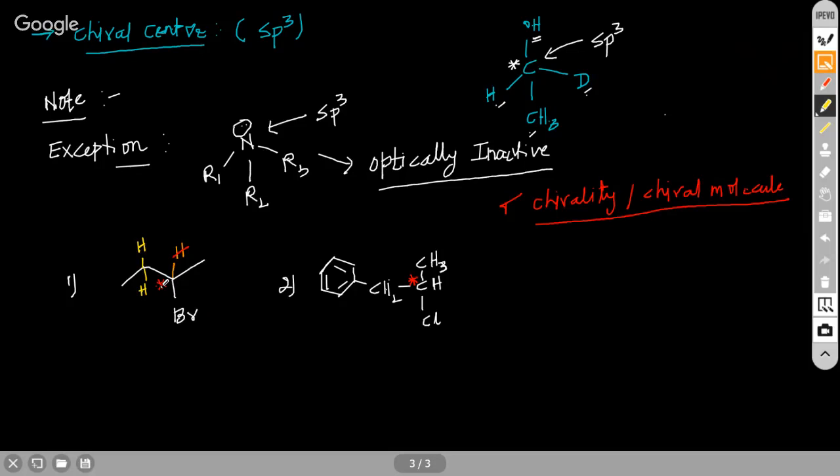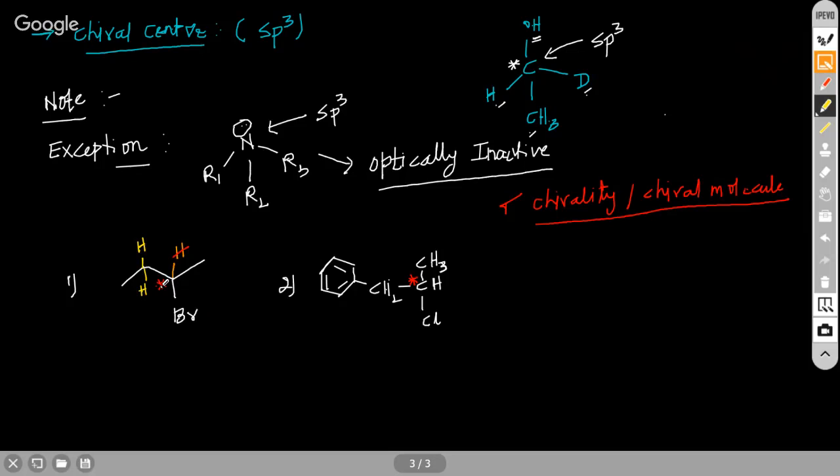Next line. Chirality and chiral center are two different terms and they have nothing to do with each other.